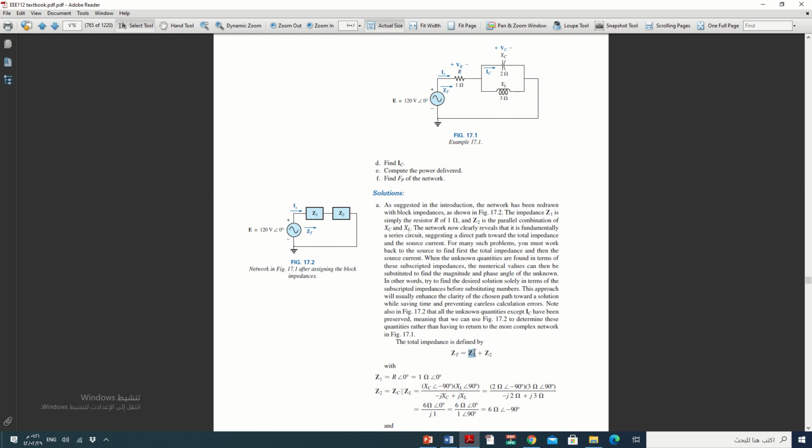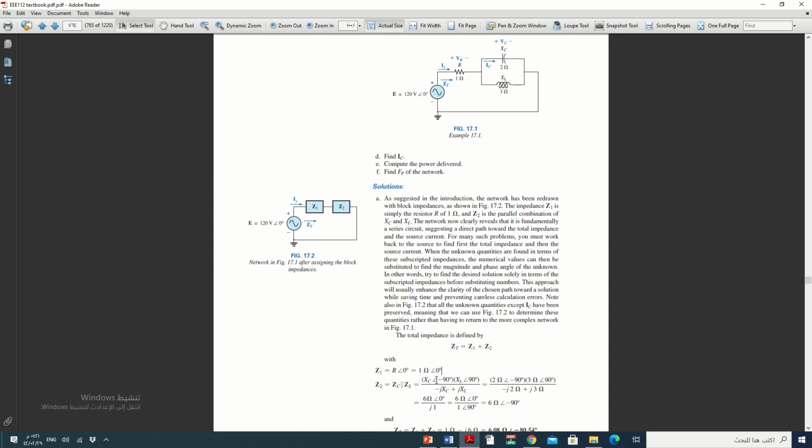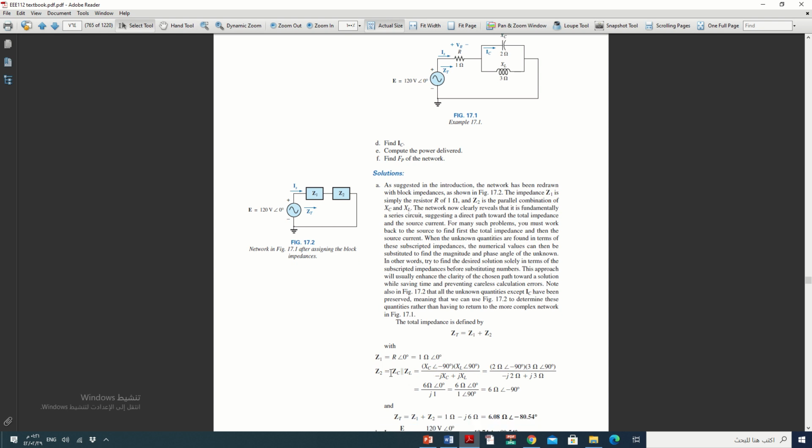This means Z1 plus Z2 will give you Z total. Z1 is a resistor. Z2 will be ZC parallel with ZL.